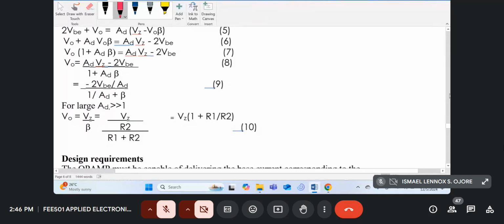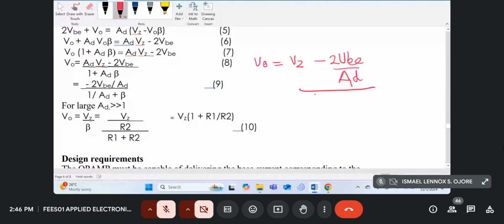So if you divide by AD, V naught will be VZ minus 2 VBE over AD, all over 1 plus beta, where you know beta is R2 over R1 plus R2.